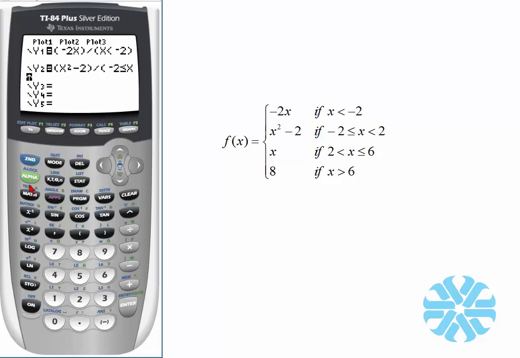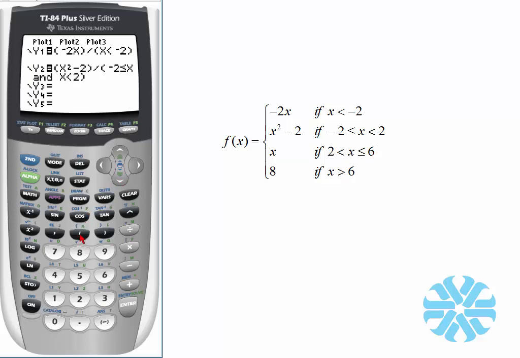So we're going to go second function and then math, and then we want to move over to logic. And we just want number 1 for and. And then we're going to finish up this compound inequality, which says x less than 2. So x, and then second function math, less than is number 5, and then 2. And don't forget, we need to close this compound inequality, the right-hand parenthesis, and then we'll move down to y3.